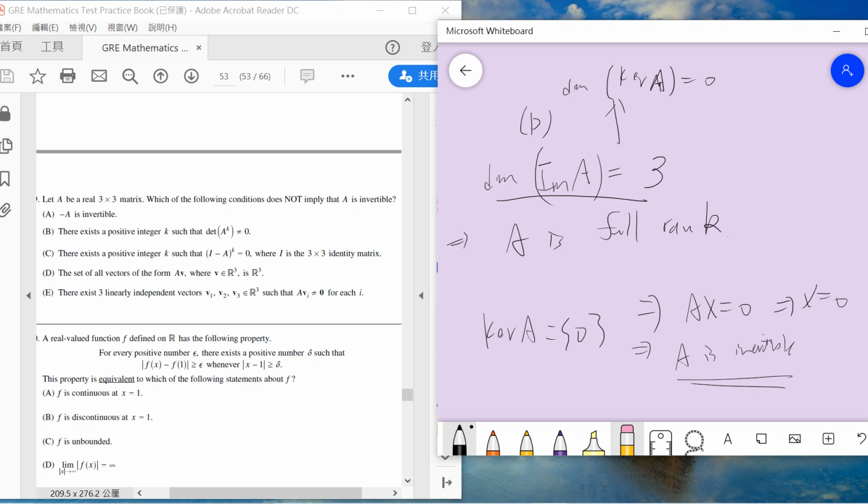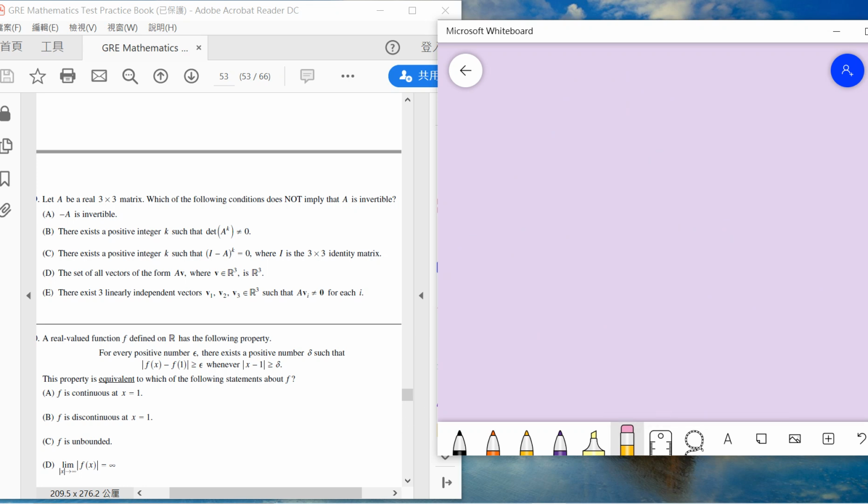So the answer must be E, right? Because we already eliminated A, B, C, D. So there are 3 linearly independent vectors such that all of their images are non-zero. In order to show this fails, I need to come up with a counterexample.